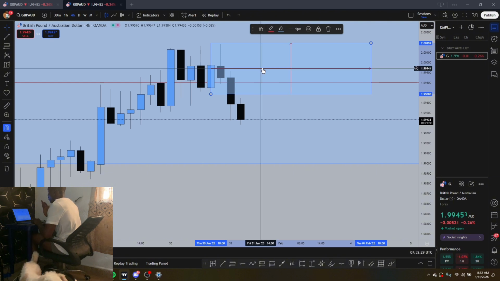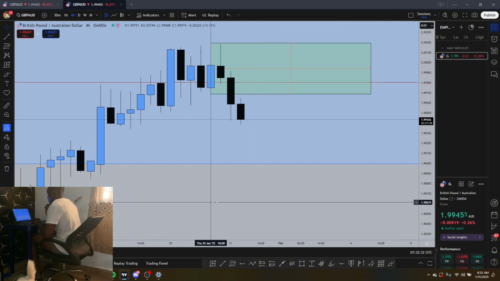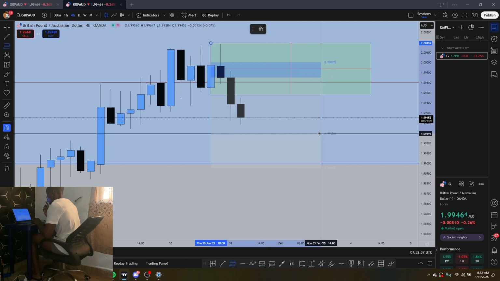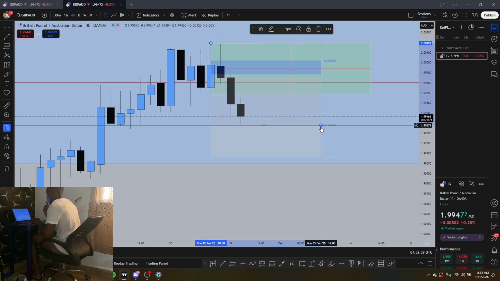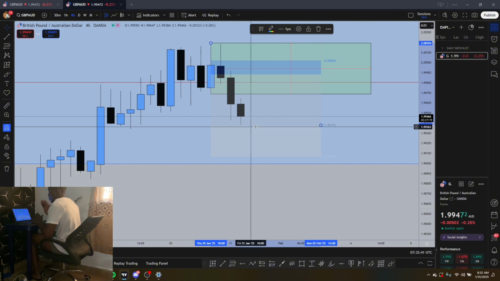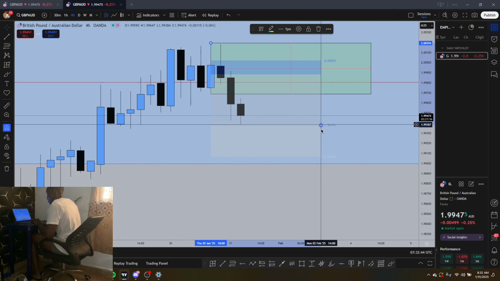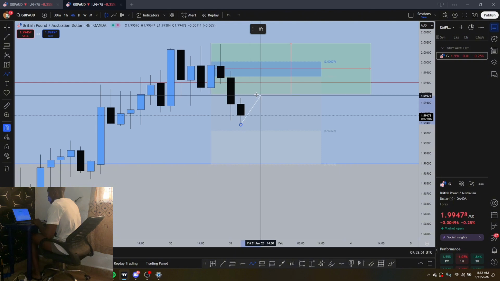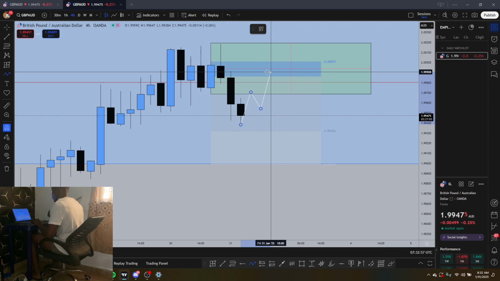Using my Fibonacci, if price keeps creating further lows, I'm expecting price to keep coming down here and here and here. If price can do that, I would wait for price to pull back to this area that was forming a supply area, and get really interested in the market.